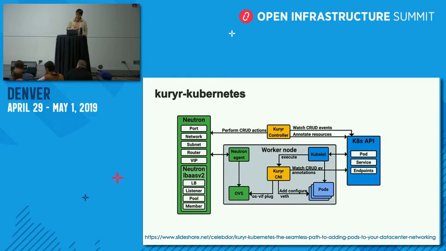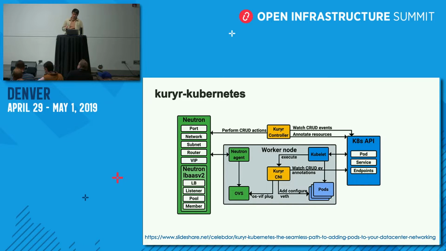So the container network interface looks like an interface that an OpenStack virtual machine uses. And also there is some important information that has been injected to Kubernetes by Kuryr Controller. So Kuryr CNI will also get that information from the Kubernetes API server and use it to configure the pod's network interface.